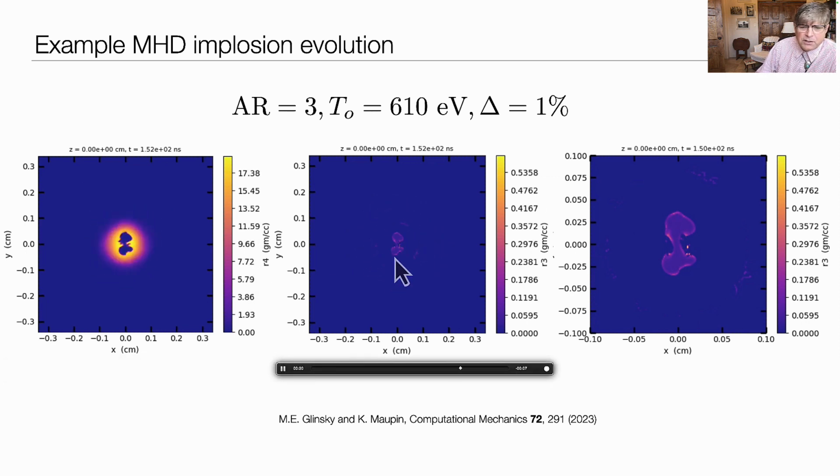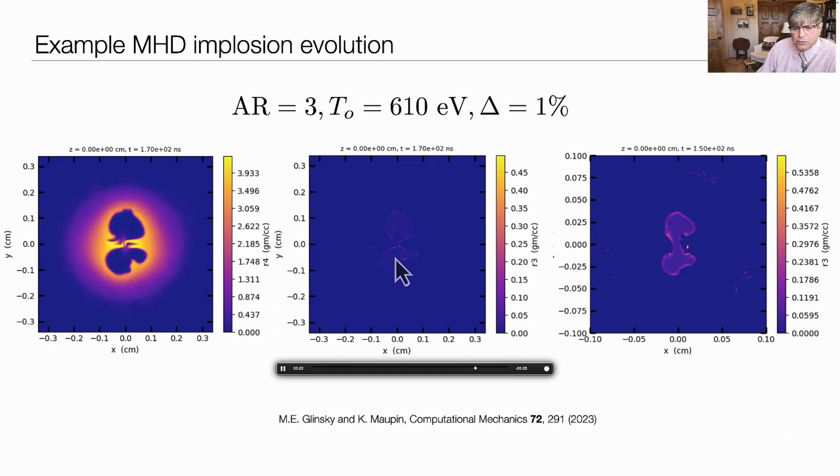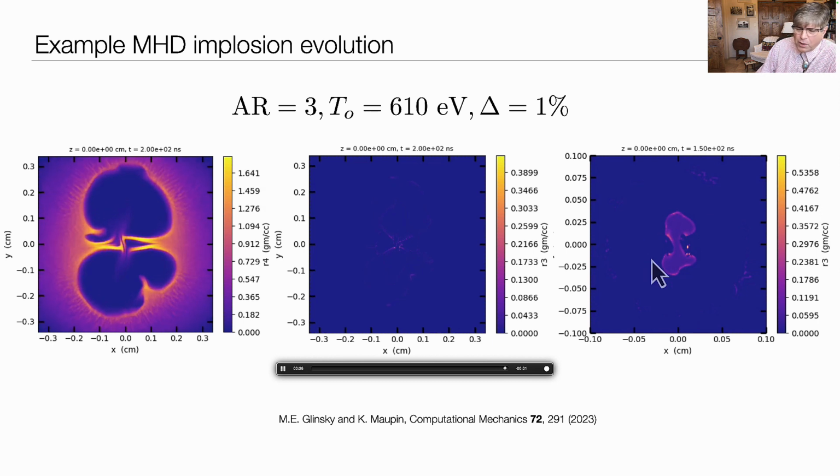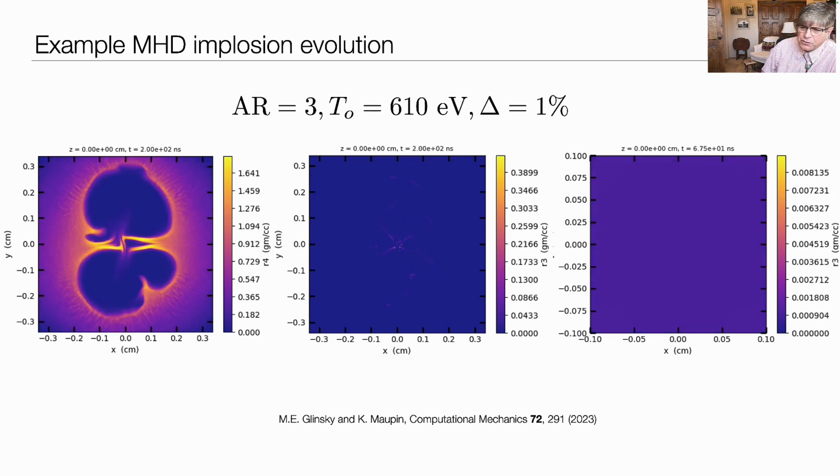Then it goes into this m equal 2 dumbbell as you move out. And let's take a closer, blown up look at the evolution of the gas on the right-hand side. You see the approximately spherical implosion, and then it evolves into this m equal 2 dumbbell shape.